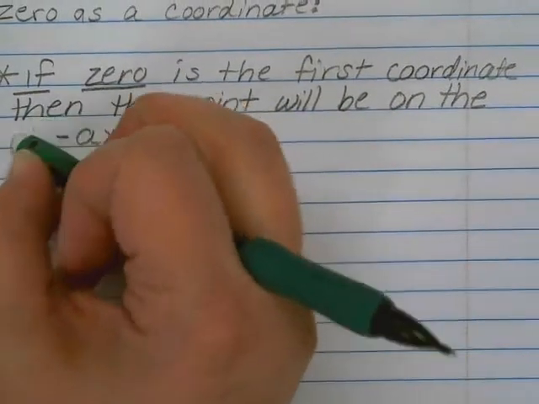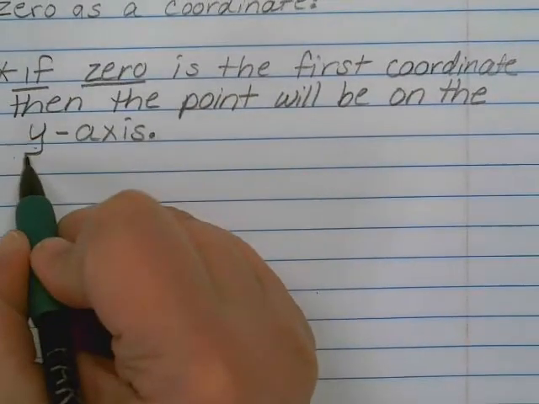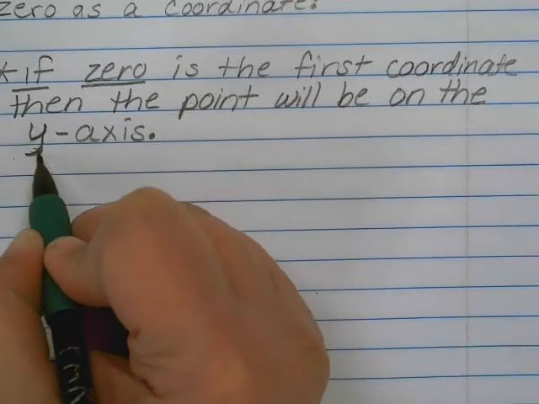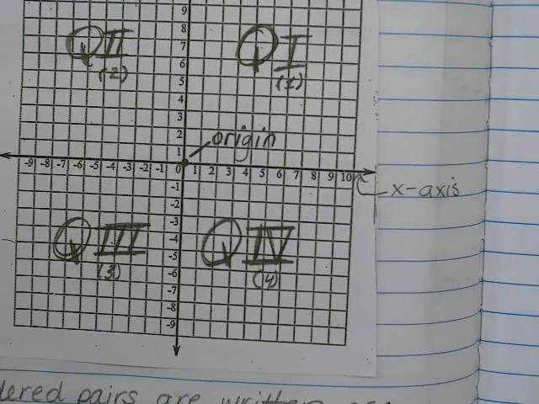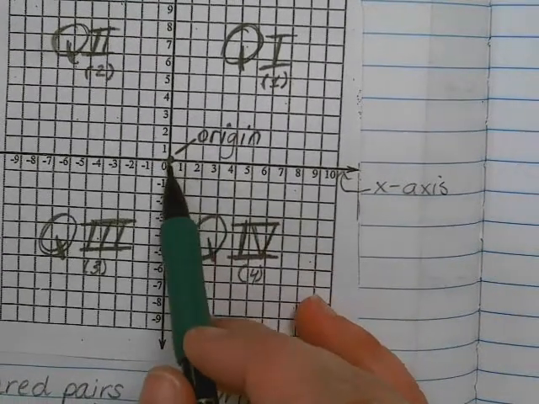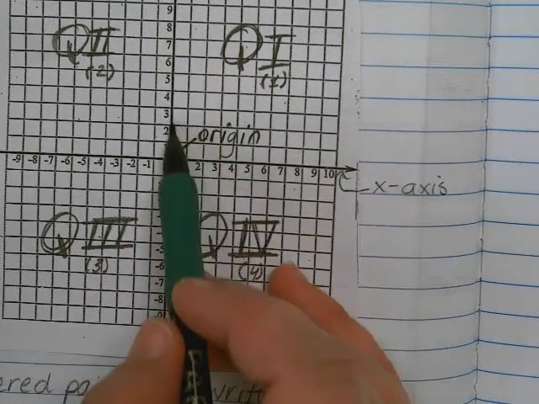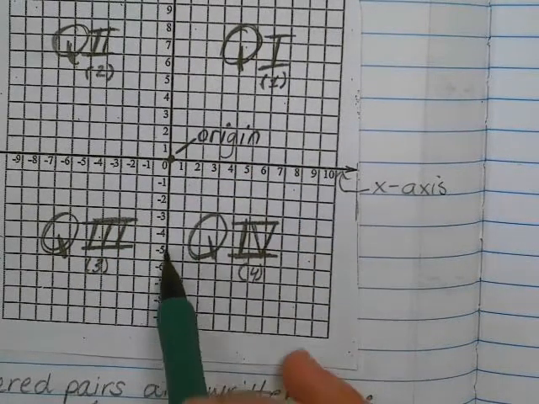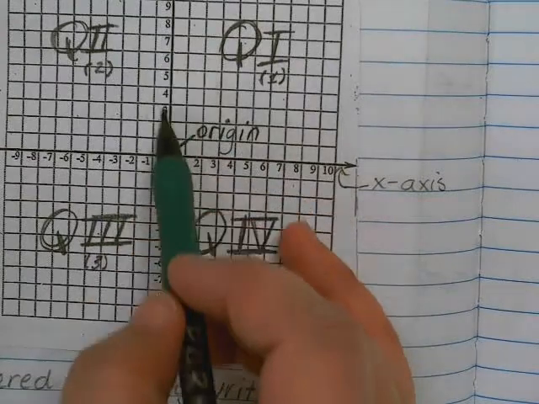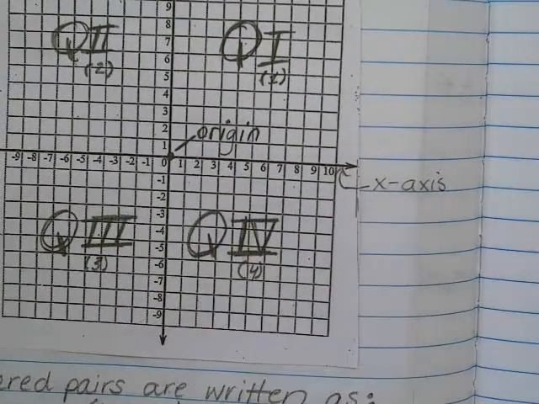I should have said y-axis. I apologize. Got a little bit ahead of myself. So let's review that again. If 0 is your first coordinate, your point will fall on this y-axis. It will stay on this middle vertical number line.